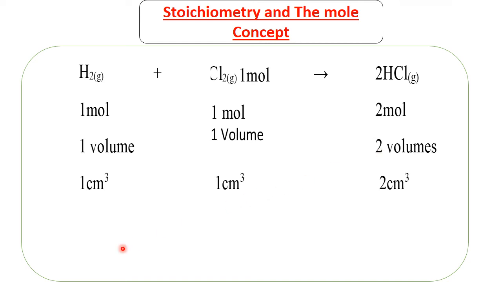So in short, let's say we have 1 centimeter cubed for hydrogen. It means even for chlorine, we should have 1 centimeter cubed, and hydrochloric acid, we should have 2 centimeter cubed. So the mole ratios are proportional to the volumes of the gases.